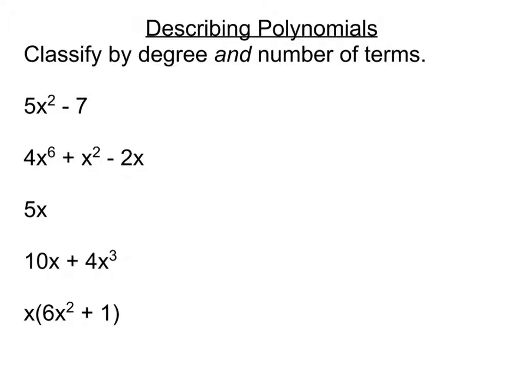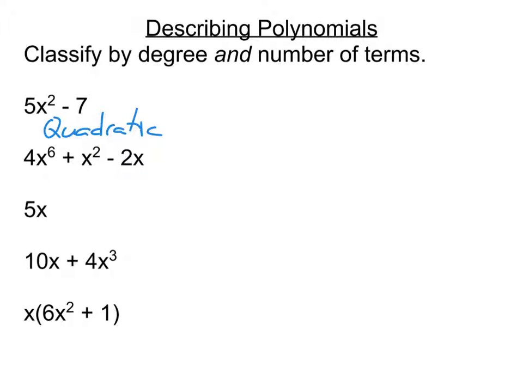And so for that first one, the first thing we do is we always start with the degree part. And so degree, what is the degree of this first expression? Well, the highest exponent is a 2. Therefore, yes, we call that quadratic. So the first thing I write then is quadratic.